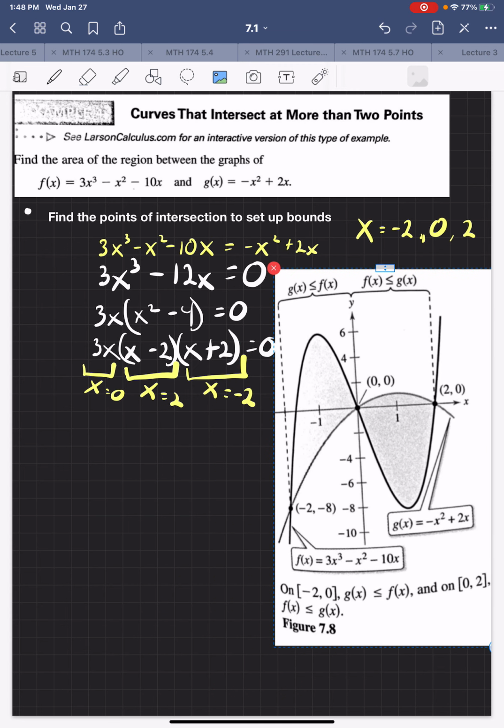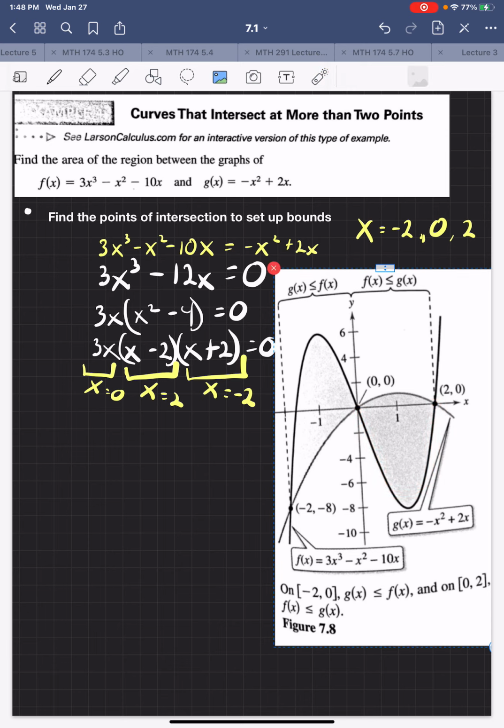And so what you're noticing is that from negative 2 to 0, the f curve is above the g curve. However, from 0 to 2, the g curve is above the f curve.